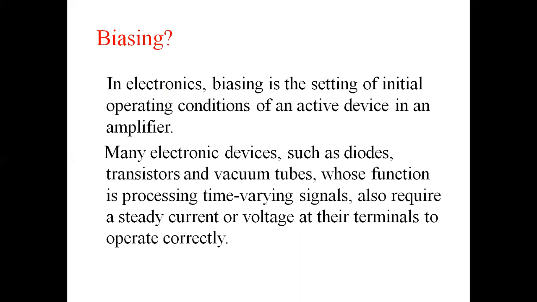For proper operation of active devices such as diodes, transistors, vacuum tubes, which process many time varying signals, they require a steady current and voltage at the terminals to operate correctly. For these things, we need biasing. In short, biasing is nothing but application of external voltage for proper operation of a device.